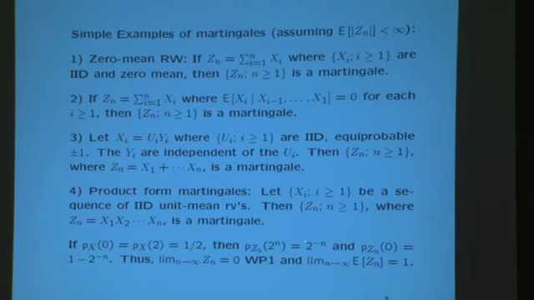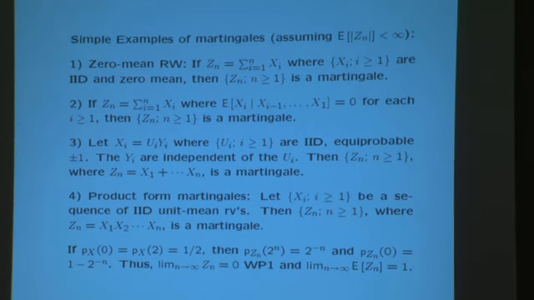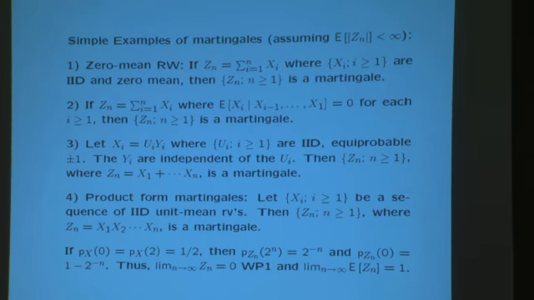You get 2 to the n with probability 2 to the minus n, and you get 0 with all the rest of the probability. The limit as n goes to infinity of z sub n is equal to 0 with probability 1, namely eventually you go down to 0 and you stay there forever after. And with this very small probability, you get to some humongous number, and you keep going up until eventually you lose and you go down to 0.